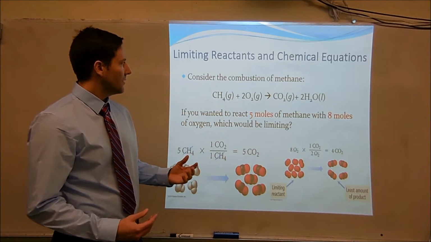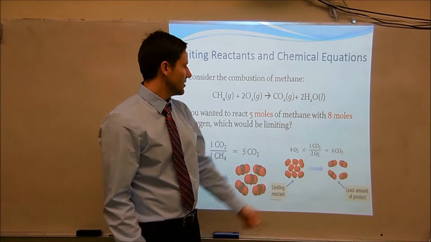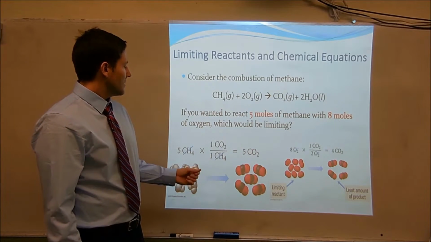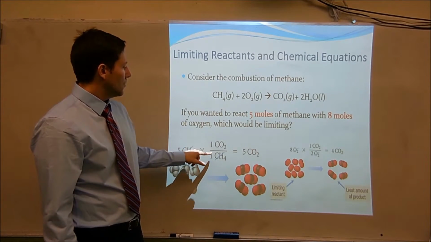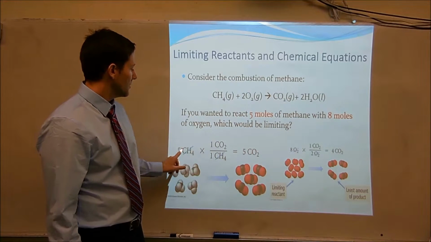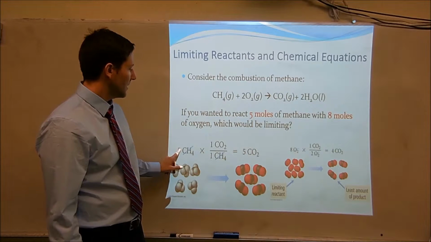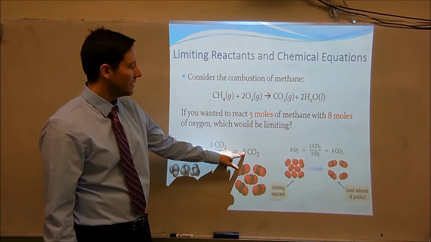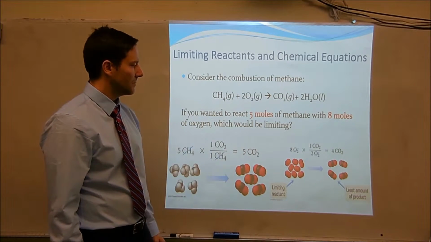Well, in order to solve this, you need the balanced chemical equation. According to the balanced chemical equation, 1 mole of methane will generate 1 mole of carbon dioxide. So if you start with 5 moles of methane, 5 times 1 divided by 1, you're going to get 5 moles of carbon dioxide.